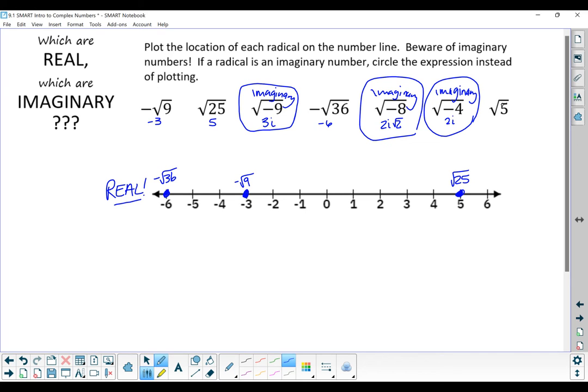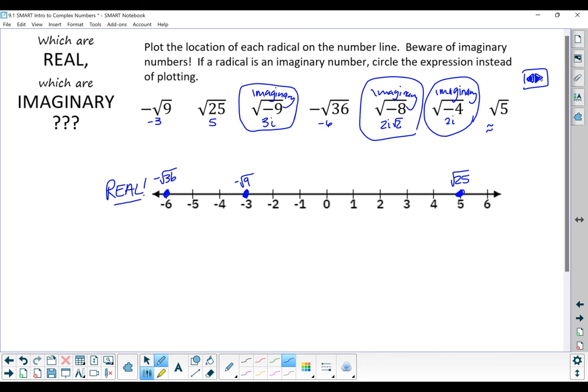Our last one is the square root of 5. We like to leave things in radical form, and we're going to leave it in radical form as we plot it down here. But to know where to plot this, we need to know about what decimal value that is. So if you're doing it in your calculator, you're going to look for that little button that has the arrows in each direction. That's a converting button.